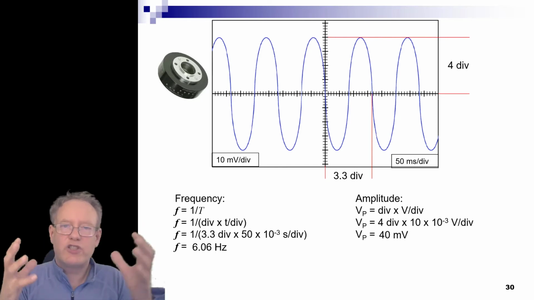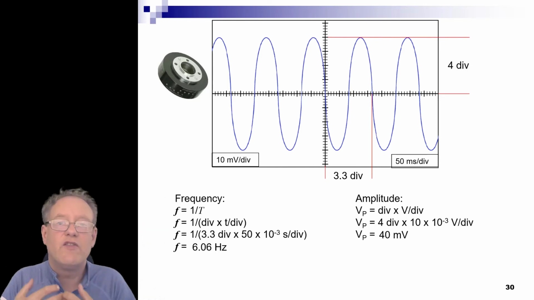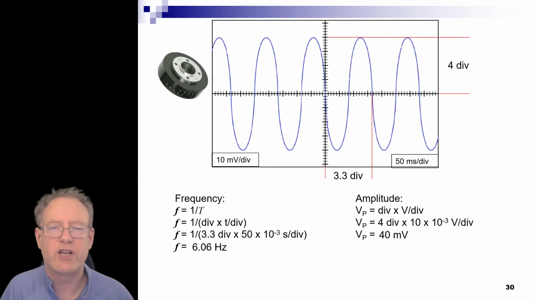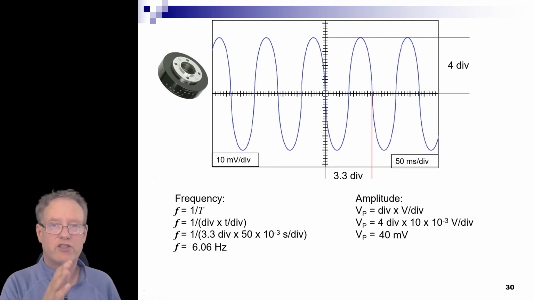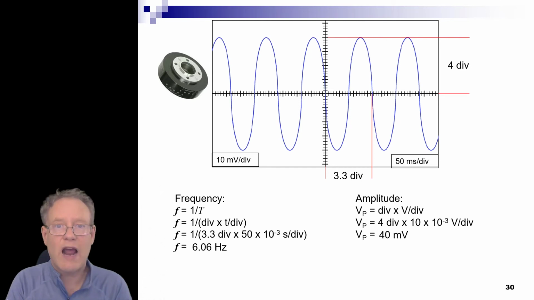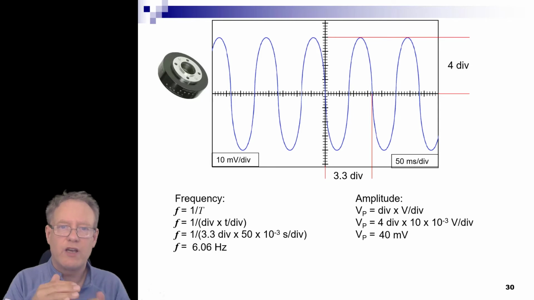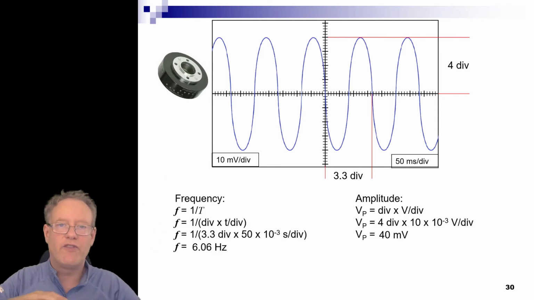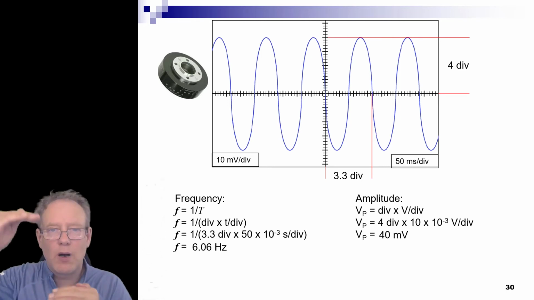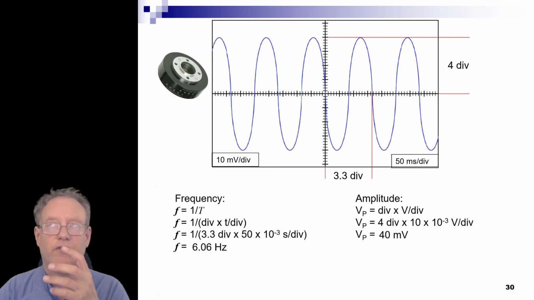So the amplitude is seen in the voltage, the maximum and minimum voltage of the actual sensor that's moving. The further it moves, the higher the voltage gets. So we can extrapolate how far it's moving, or the amplitude of the actual vibration, from the amplitude of the voltage, or the peak of the voltage.